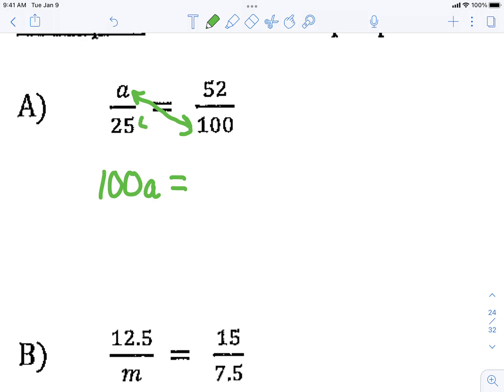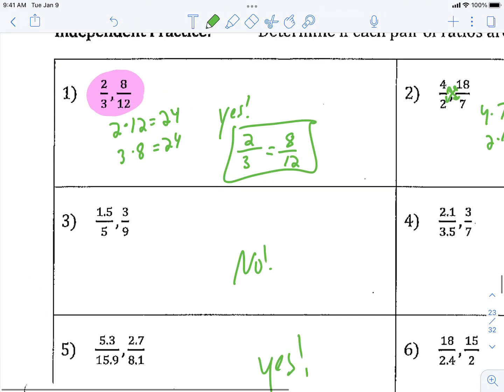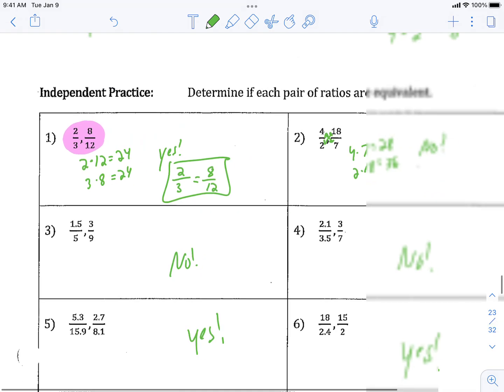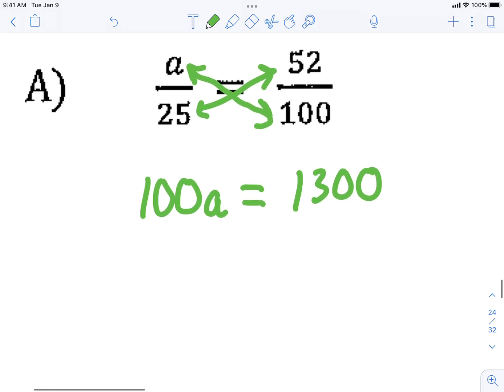And then I'm going to do 25 times 52, and I get 1,300. So notice how I kept the equal sign between them. On the first page, I was writing them up and down because there was no equal sign. If you have a proportion, you want to write it like this, because now we're just solving for A.